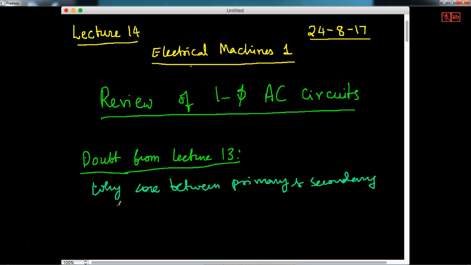The doubt is why we require a steel core between the primary and secondary. The answer is to avoid loss of flux. There should be strong magnetic coupling.